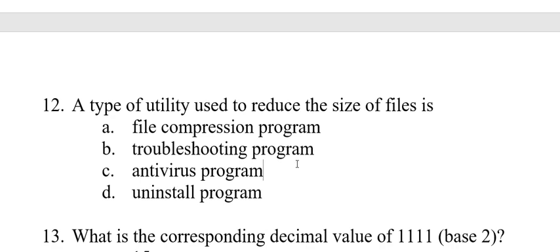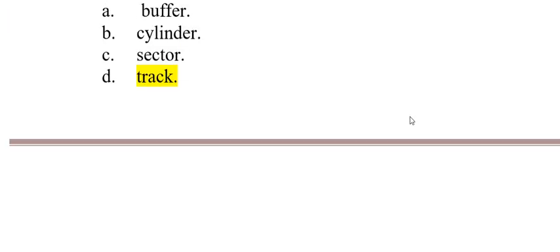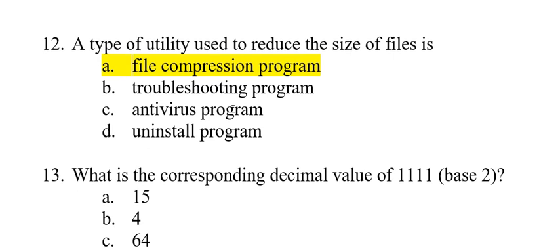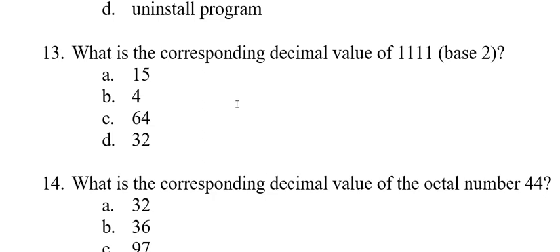Number 12. A type of utility used to reduce the size of files is called file compression. Okay. Number 13: the corresponding decimal value of 1111, base 2.